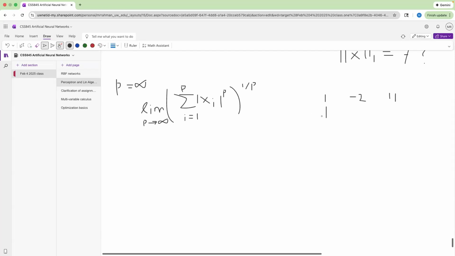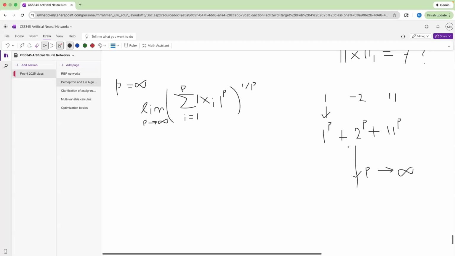And each of these gets powered. You have 1 to the power P, then 2 to the power P in the sum, and then 11 to the power P, right? And then you're making this P very large. P goes to infinity.